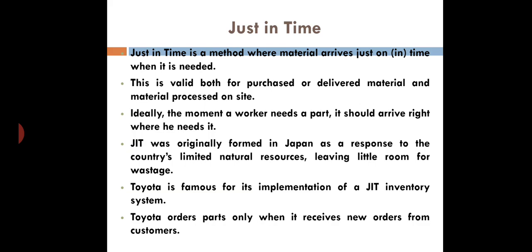Toyota is a major example of implementation of JIT, and JIT is actually a part of the lean manufacturing system, where you are definitely trying to avoid waste. Because waste is a major cost faced by all production industries. So keep an idea about the just-in-time inventory management system.